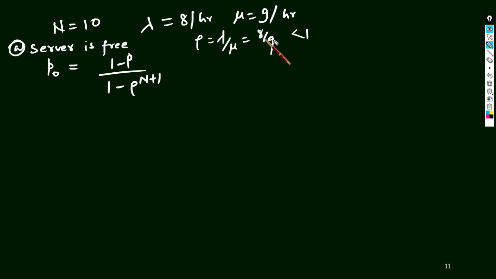Okay, if it is greater than 1, we will use (rho minus 1) divided by (rho to the power n plus 1 minus 1). Clear? So just calculate this, how much is 1 by 9 above, and this will be 1 minus 8/9 to the power n plus 1, that is 11. That is how much?